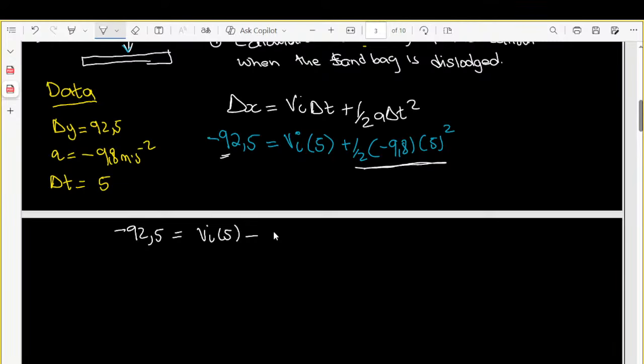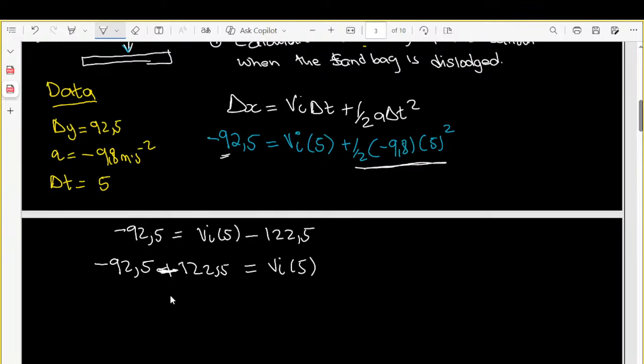Yes. Now the aim is to find the V initial. So I'm just going to move the negative 122.5 to this side to be positive. So this will be equal to, we're going to add the 122.5 to the negative 92.5, and we equate this to V initial times 5.